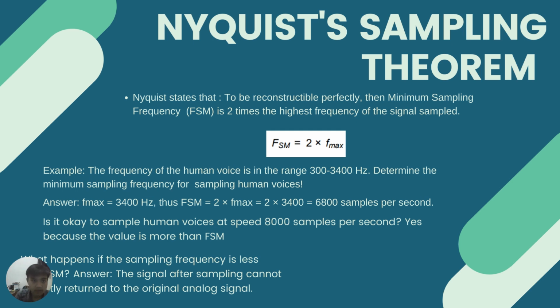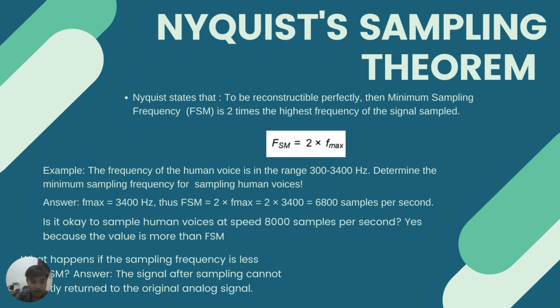For the Nyquist sampling theorem, Nyquist states that to be perfectly reconstructible, the minimum sampling frequency, or Fsm, is 2 times the highest frequency of the signal sampled. So Fsm is equal to 2 times Fmax. This is the formula.